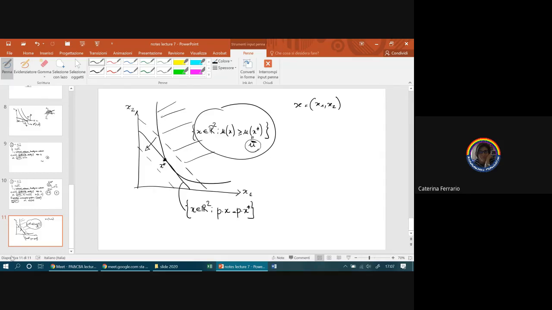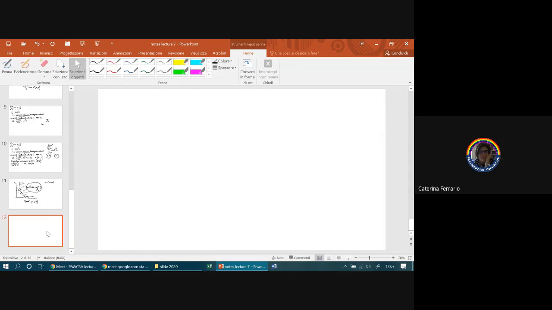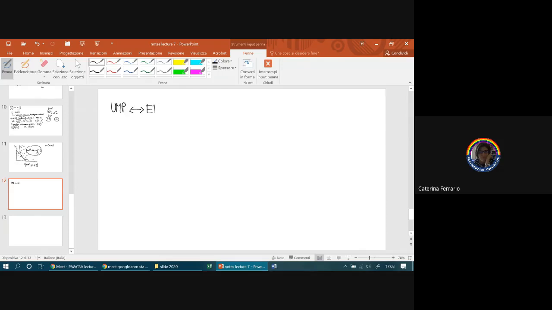We may now define in more detail the connection between the utility maximization problem and the expenditure minimization problem.